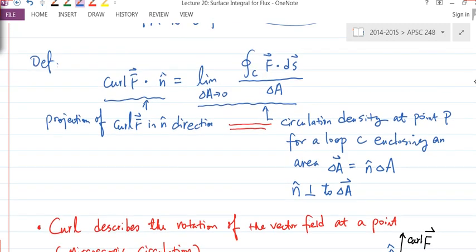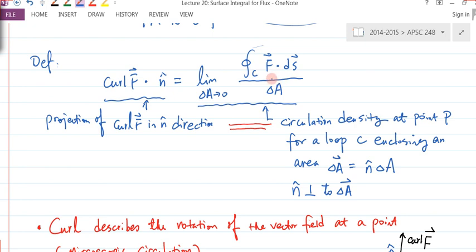The definition here is that curl F dot n hat equals the circulation over the area, and then let the area approach 0. So this is a density concept. This integral here is a line integral, which is the circulation around curve C. Circulation around curve C over its enclosed area delta A gives us the so-called circulation density.